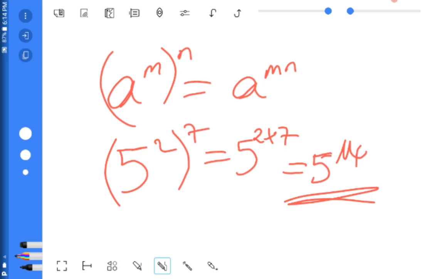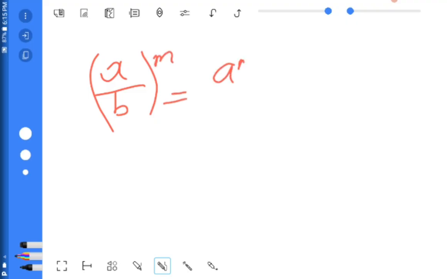Law number 4 of indices. The fourth law of indices states that a over b, all these raised to a certain power, say m, is equal to a to the power of m divided by b to the power of m.